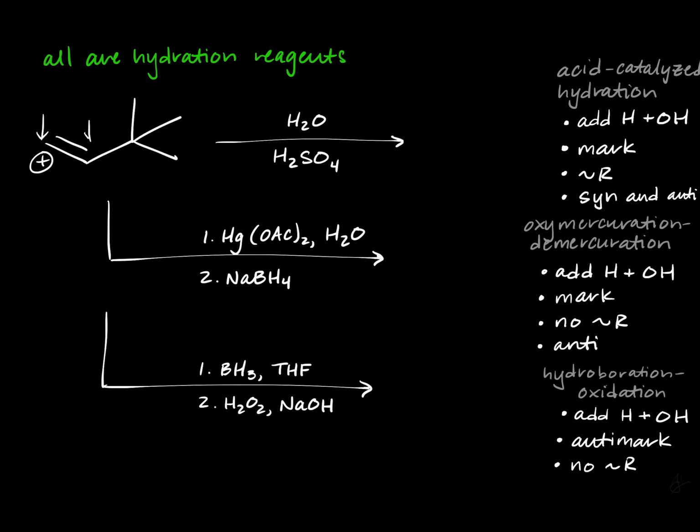And of course, it would rearrange to the more substituted carbon. So again, hydroboration-oxidation does not even have a carbocation, so it couldn't do a rearrangement. But any anti-Markovnikov reaction is not going to do rearrangement, because if it did, it would defeat the entire purpose of anti-Markovnikov. And this is going to do a syn addition.